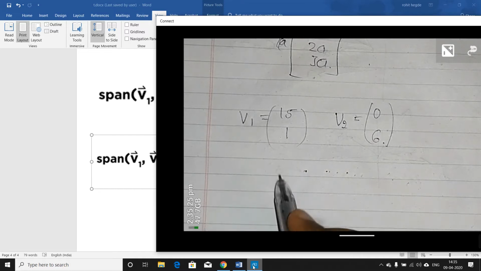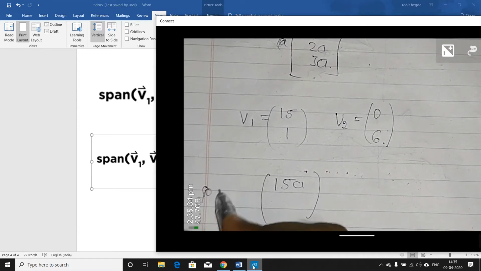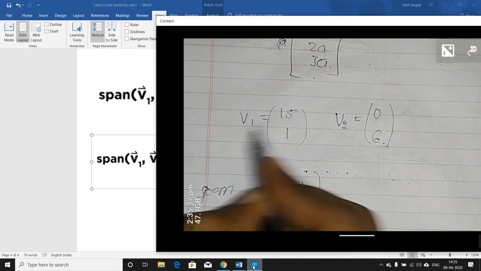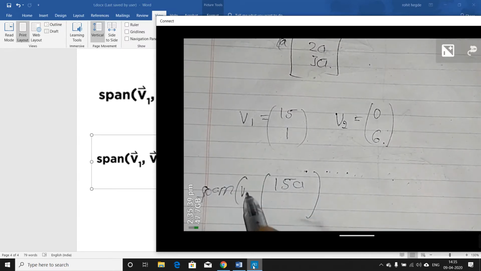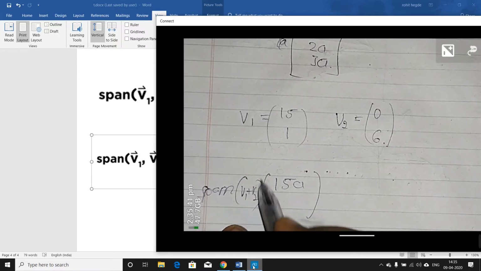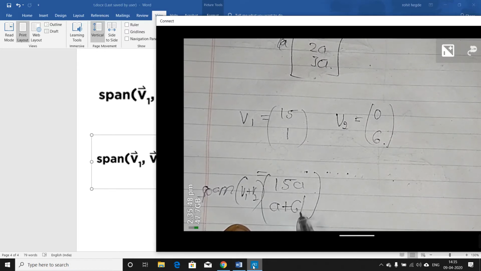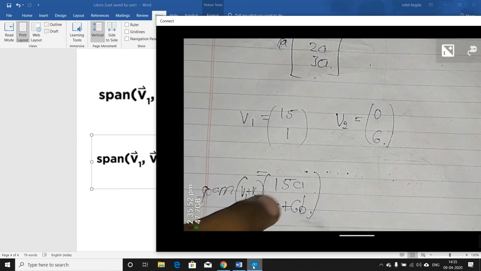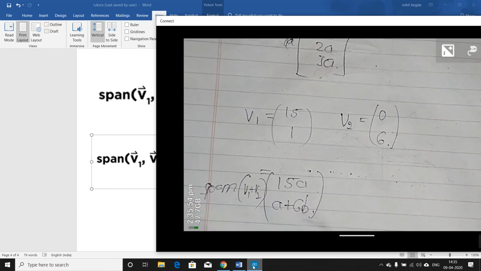The span of v1 plus v2 is 15a and a plus 6b. This is the span of v1 and v2: 15a and a plus 6b.